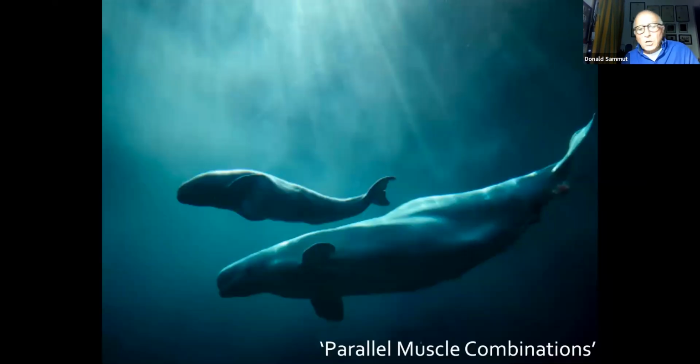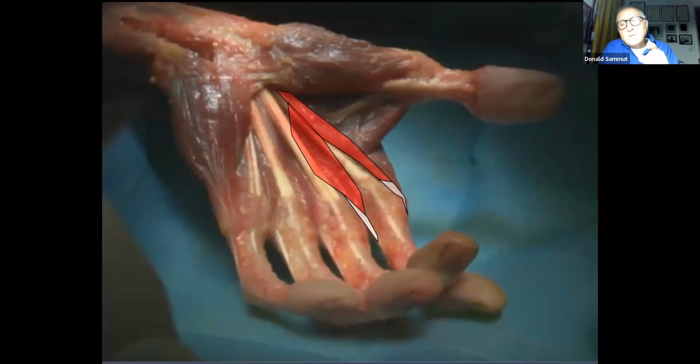An interesting concept is that of parallel muscle combinations, which was enunciated by Peck in 1984. This is the idea that big, powerful muscles have a companion that is smaller and richly endowed in sensory qualities. And so you can imagine that the lumbrical is a better proprioceptor, a very efficient gatherer of information by comparison with its much larger interosseous companion.